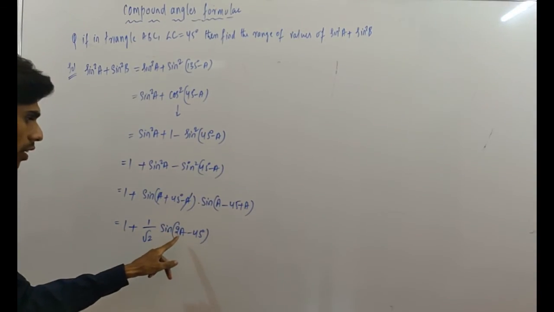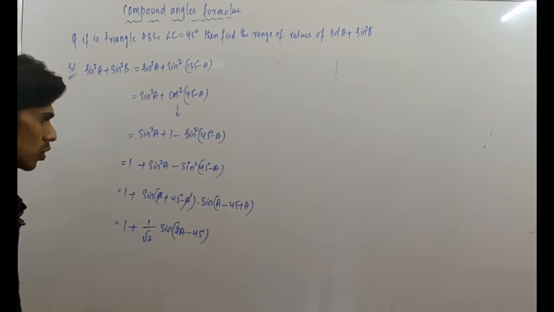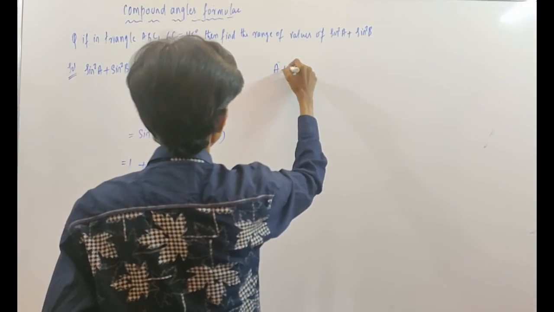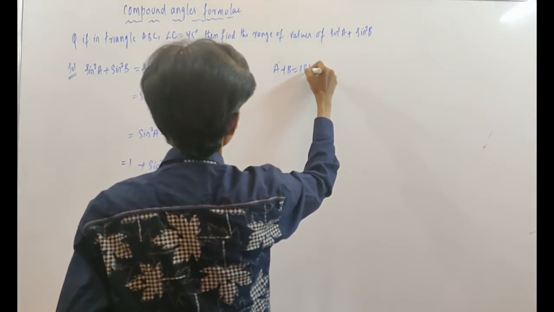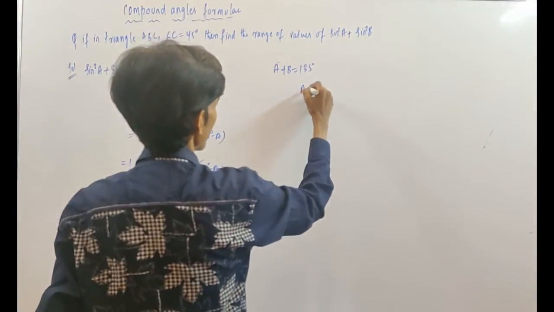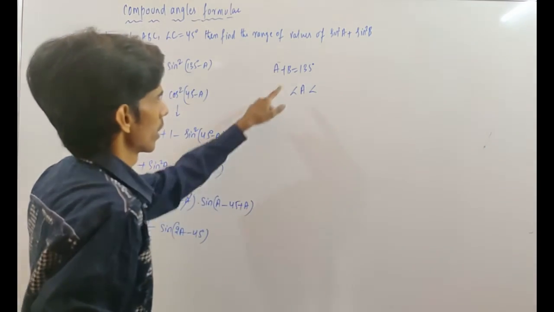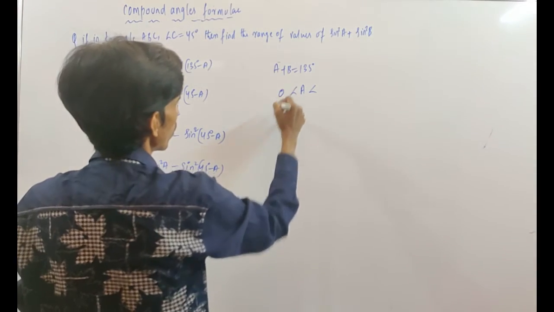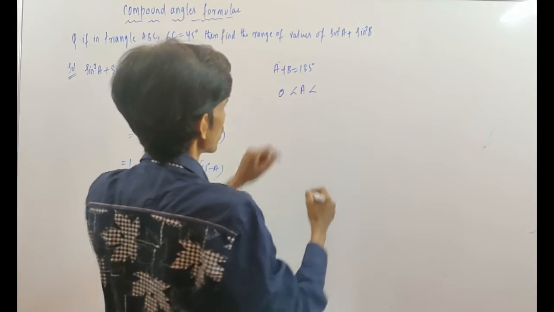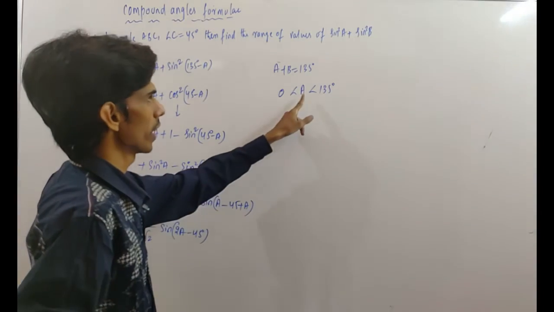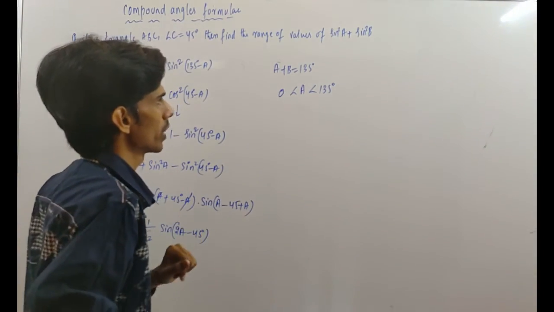Now we have A here. Just now we have seen that A plus B equals 135. The range of A: if angle B is 135, angle A will be 0, and if angle B is 0, then angle A will be 135 degrees. So the range of A is 0 to 135.